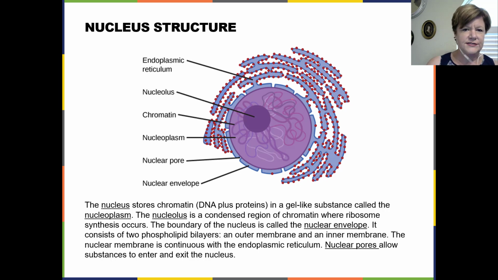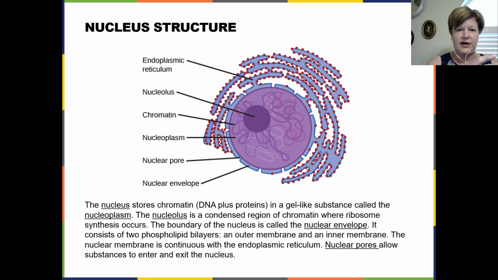So in the nucleus, and usually the nucleus is pretty much in the middle of the cell, although there are some exceptions to that, but let's think about it being kind of in the middle of the cell. The nucleus of the cell is a membrane-bound organelle. That means it's a structure surrounded by membranes, or separated from the rest of the cell by membrane. And it's the same kind of membrane as the plasma membrane.